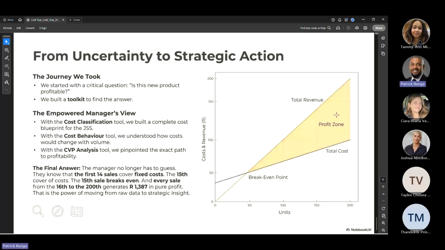So what did we cover today? First of all, we built a toolkit and you have been empowered to understand what is cost classification, cost behavior, and CVP analysis.